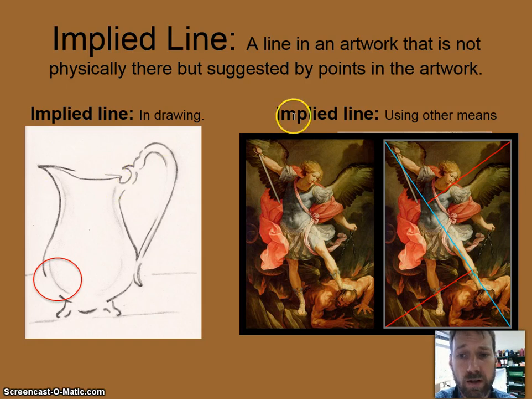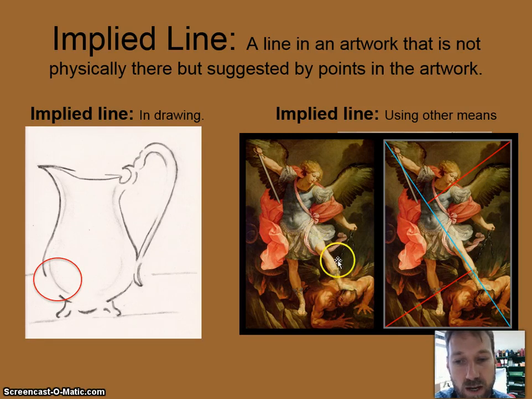Okay? Now, talking about other uses or other means of implied lines, as an artist you could use implied lines in a compositional aspect. In this Baroque composition, the artist truly wants us to be looking along this diagonal of the picture plane, right? And in order to do that, they don't draw a line, but they make arrows or lines in a sense by this sword pointing down towards the victim's head, the gaze of the angel pointing down towards the victim's head, and the foot here actually pointing and standing on the victim's head.